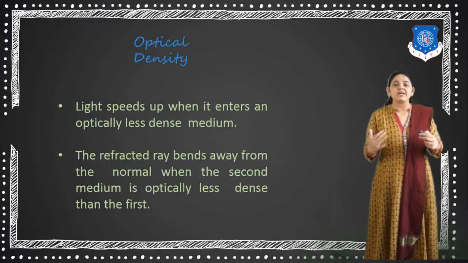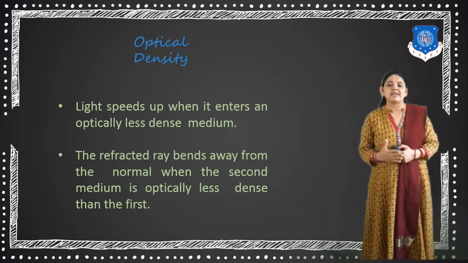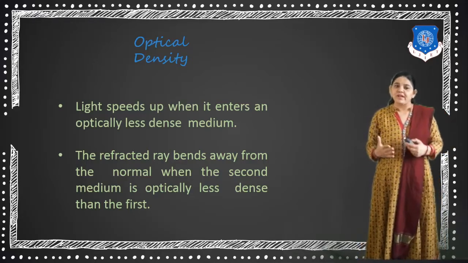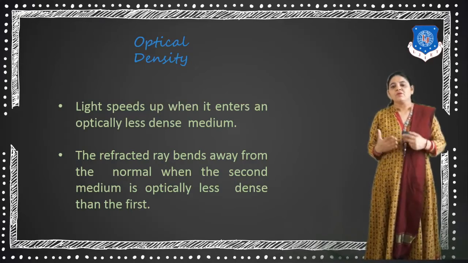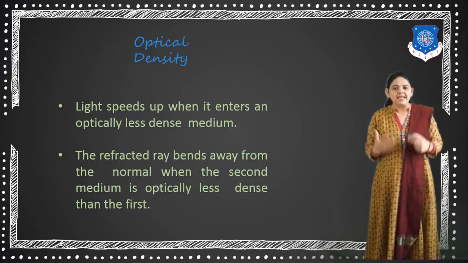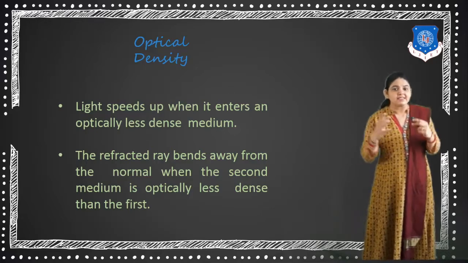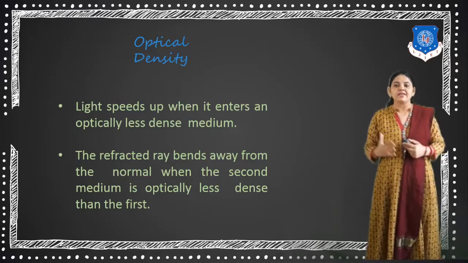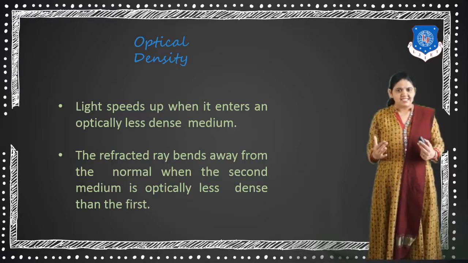Light speeds up when it enters an optically less dense medium, and the refracted ray bends away from the normal when the second medium is optically less dense. As we know, when the medium is optically denser, with higher density, the light speed becomes less.